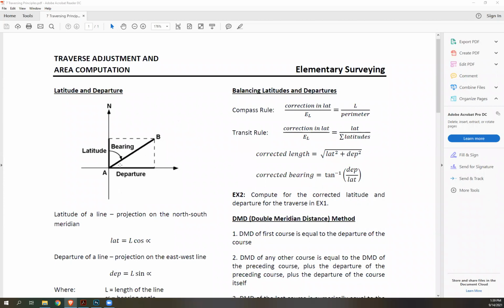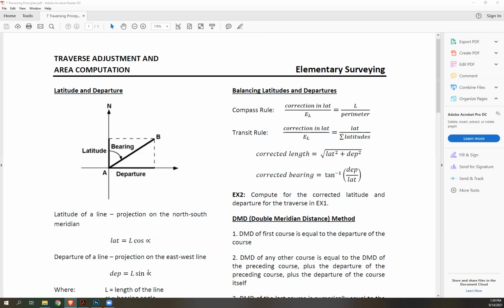So cosine, whatever this angle is, let's call that alpha. Cosine alpha equals adjacent over hypotenuse, adjacent being this line, which is your latitude, over hypotenuse line AB. Therefore, latitude is just that line AB cosine alpha. So this is just using your trigo functions. And then similarly, departure is just L sine alpha.